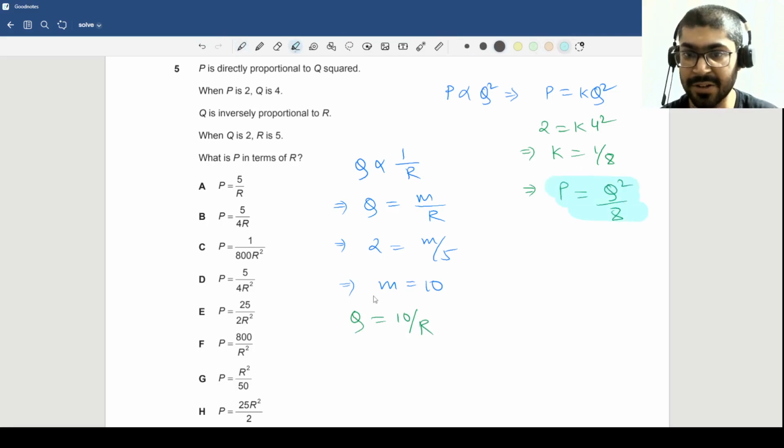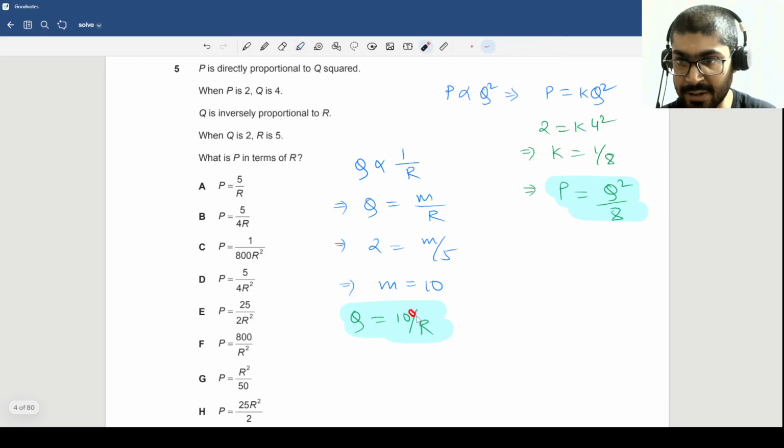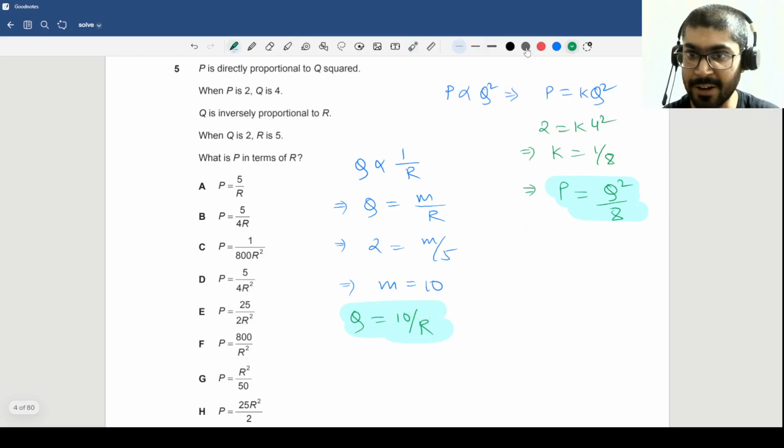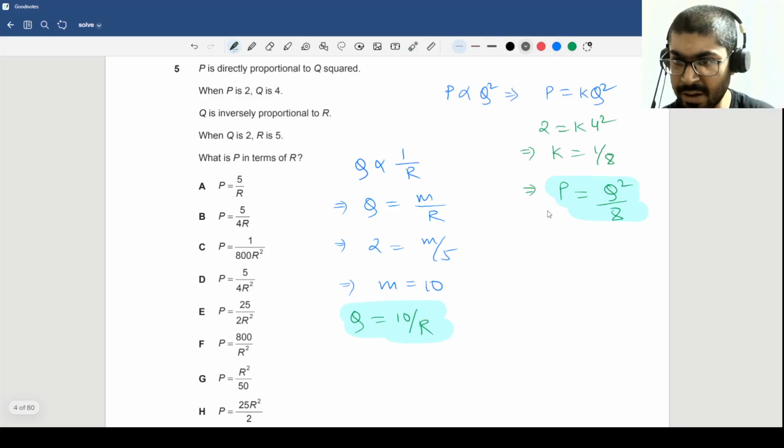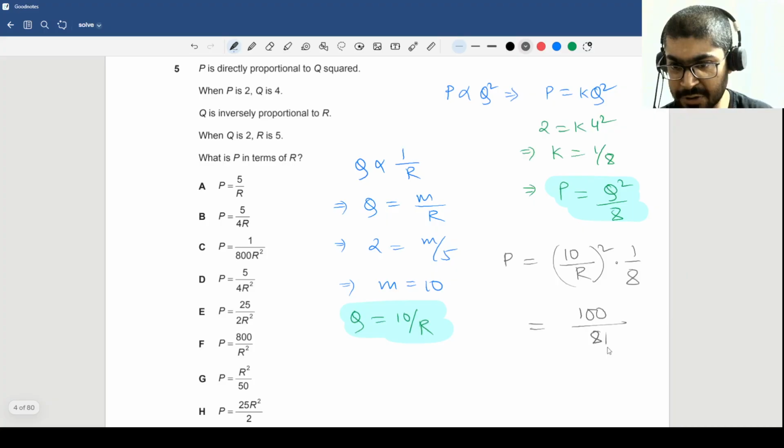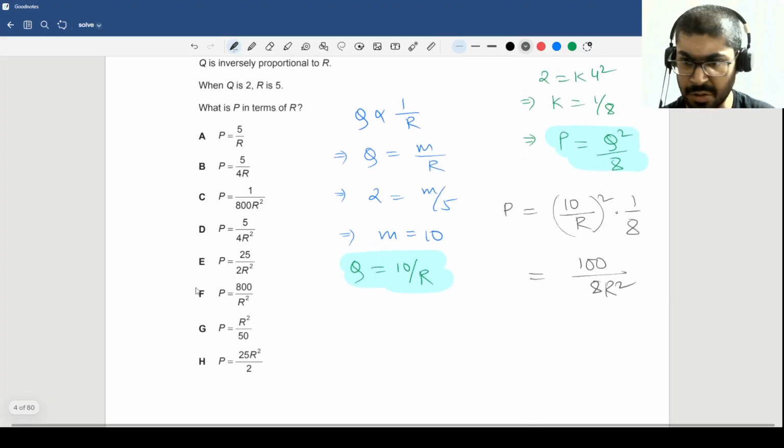This will be the first relation, this will be the second relation, and our main job is to put that into this. So P is equal to Q square, that is 10 by R whole square, into 1 by 8. So this becomes 100 by 8 R square. Now you will not find this option anywhere else, because this will be cancelled.